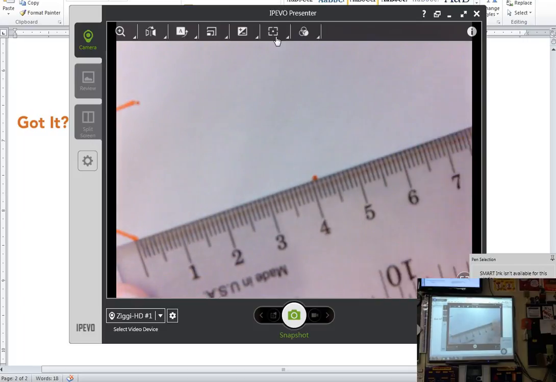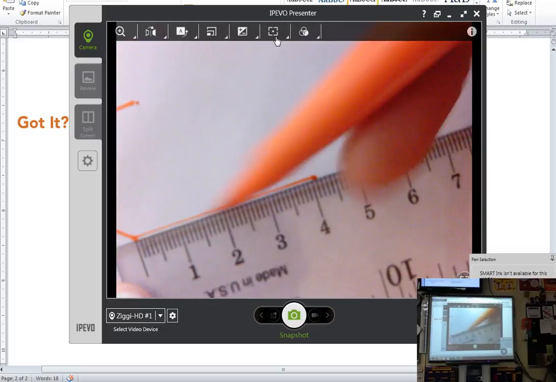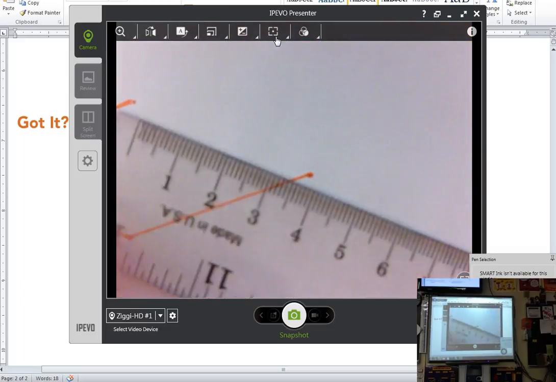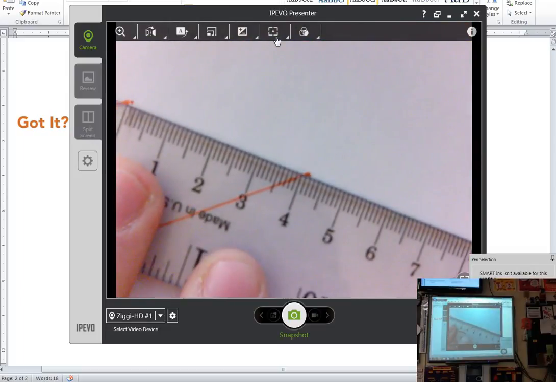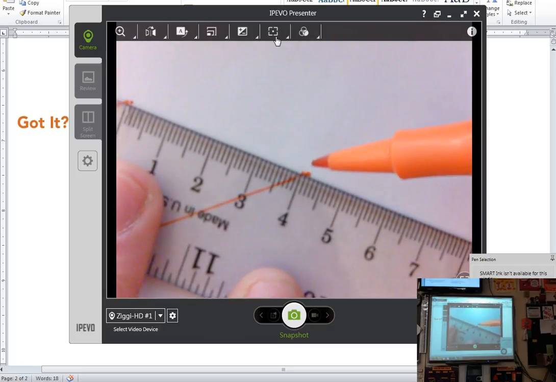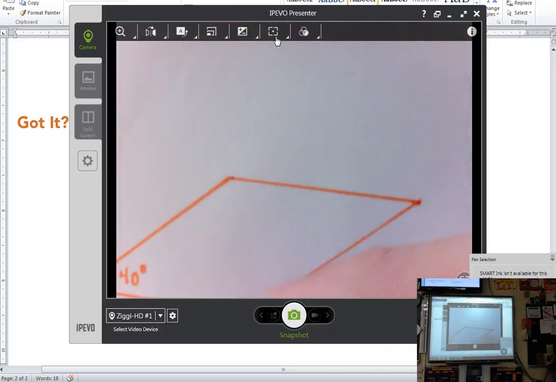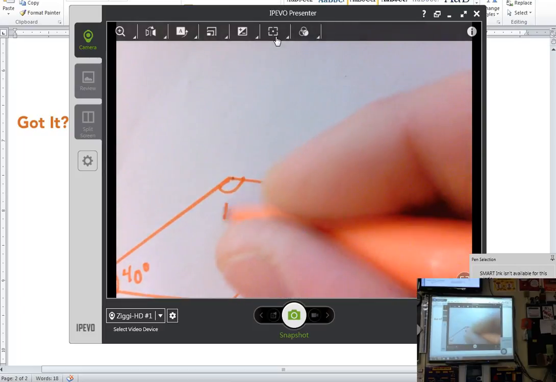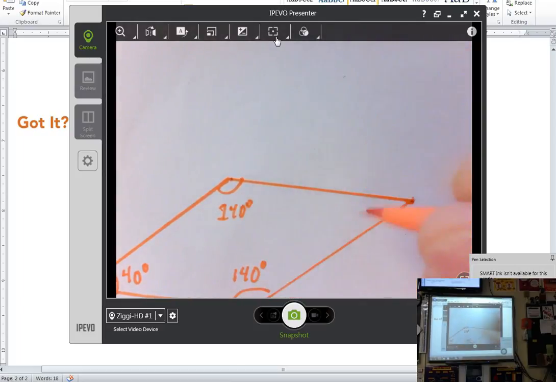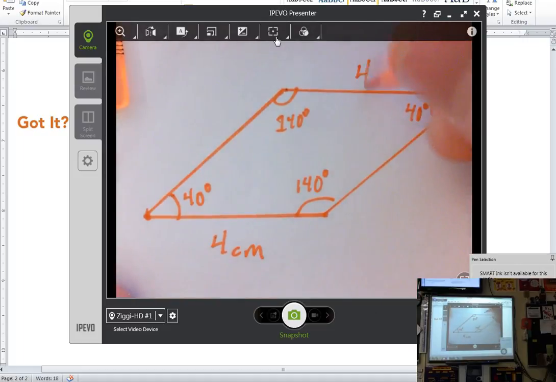So stop at your 4. Then I should be able to connect these endpoints and make a line that's parallel to the base. This will be 140. This will be 140. And this will be 40. All of these are 4 centimeters.